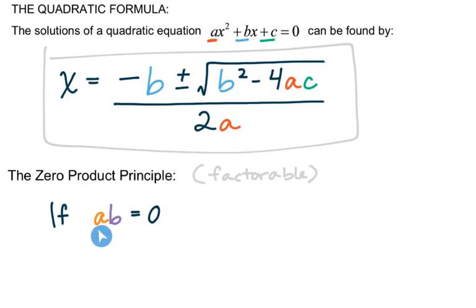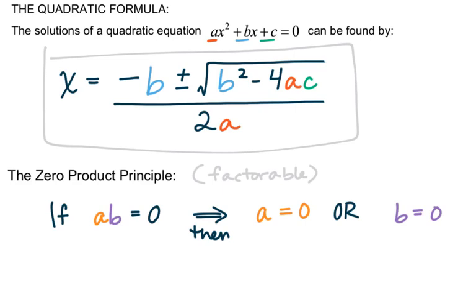If I'm multiplying two numbers and that product is equal to 0, then what must one of those numbers be? There's only one way to make 0 via multiplication, and that would be either A is 0 or B is 0.